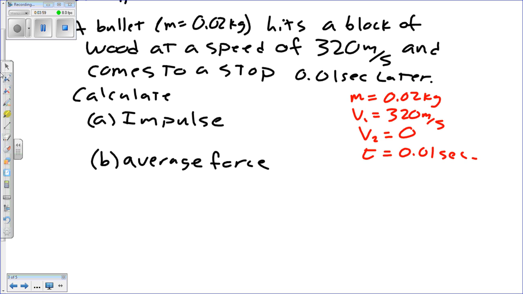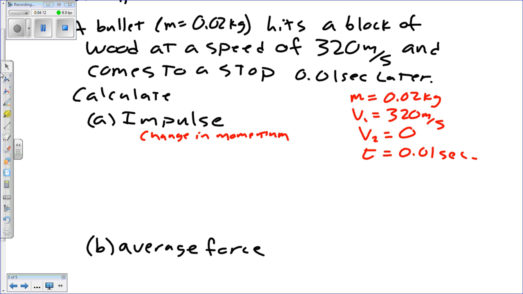Now, impulse, by definition, is a change in momentum. We don't need the force in order to find the impulse as long as we know how much momentum we started with. So 0.02 times 320. Well, let's just do this the cheap way.